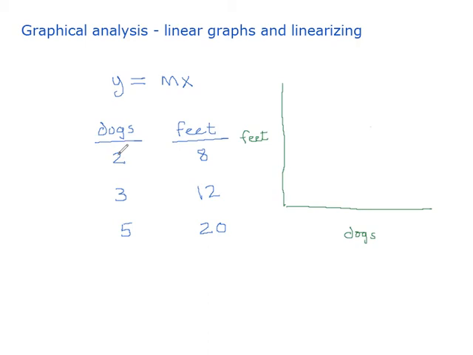And if we graph this, the number of dogs goes up to 5, so we'll need something like 0, 1, 2, 3, 4, 5. And the number of feet goes up to 20, so 1, 2, 3, 4, 5, 6, 7, 8, 9, 10, 11, 12, 13, 14, 15, 16, 17, 18, 19, 20.